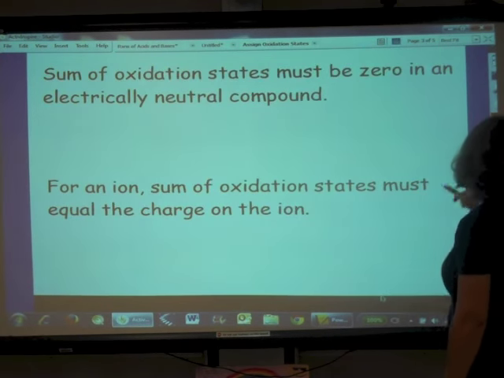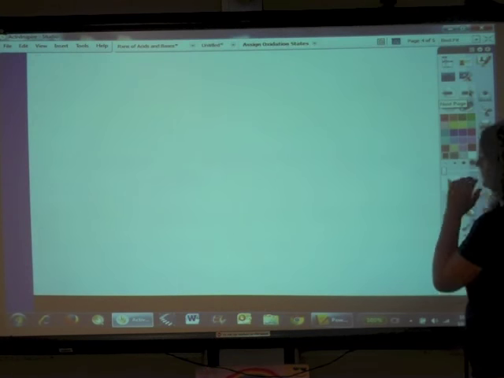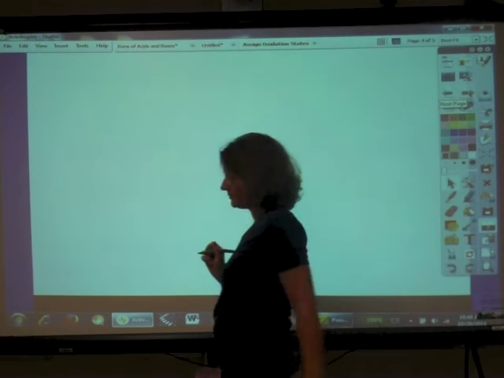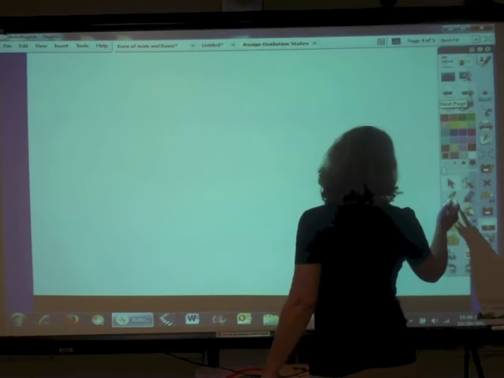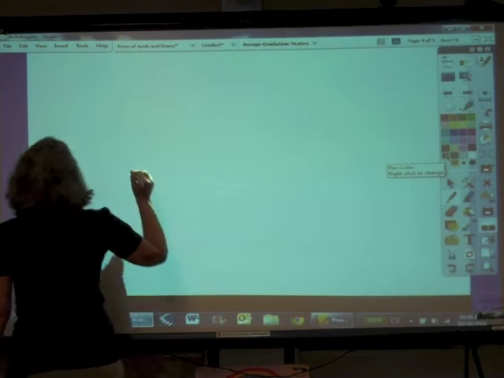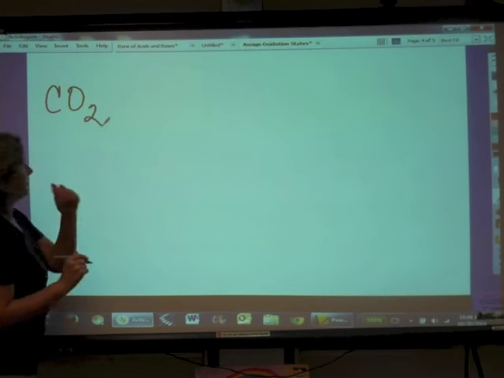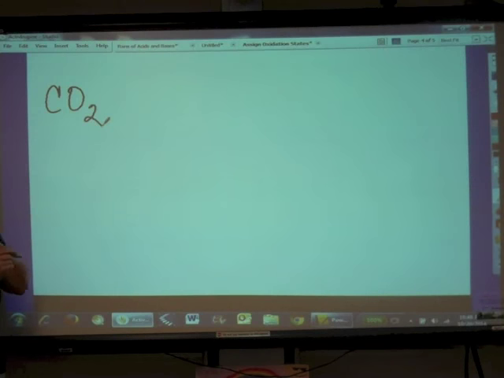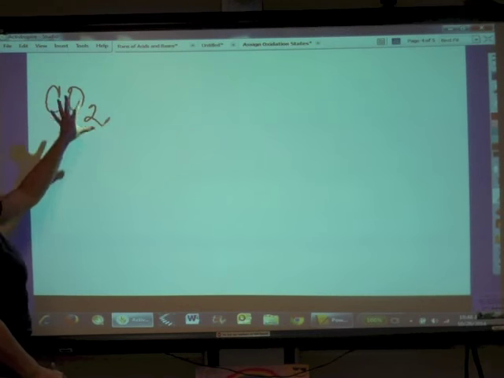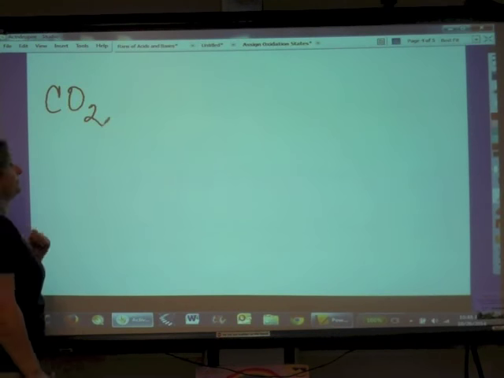Let's do this. Let's assign some oxidation states to some compounds. We will begin with carbon dioxide. So here it is, CO2, carbon dioxide. So we want to figure out in this molecule what is the oxidation state of carbon and what is the oxidation state of oxygen.